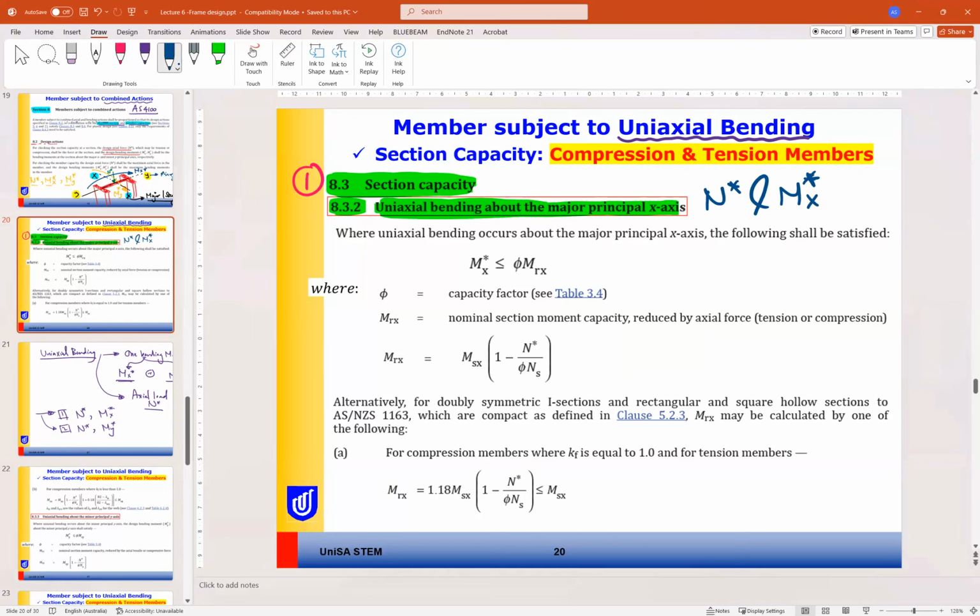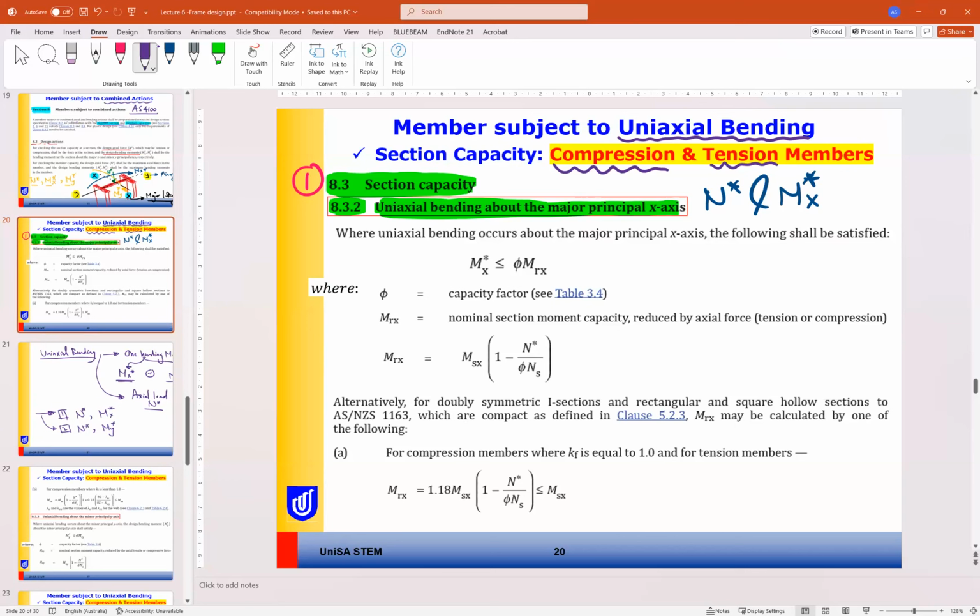Also here, one note is that for section capacity, the compression and tension member will be dealt with similarly. If we have the same formulas for both, I put them here, compression and tension. If they are different, we separate them as the standard did. So we are following the standard.